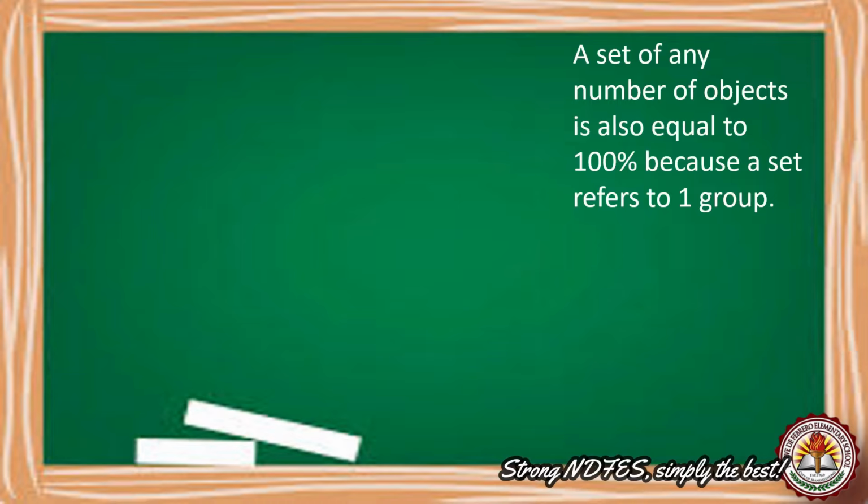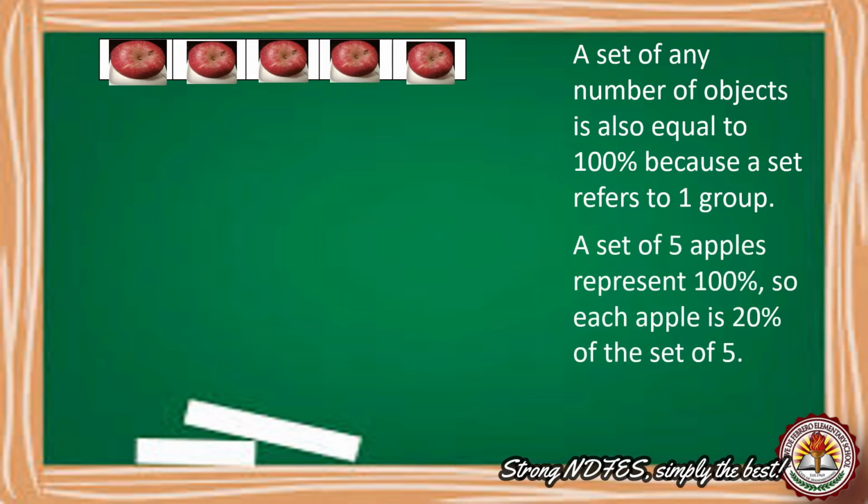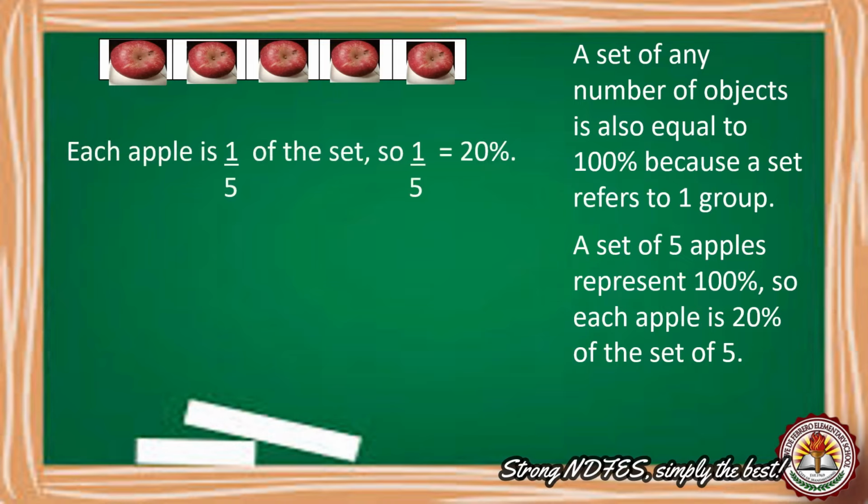A set of any number of objects is also equal to 100% because a set refers to one group. A set of 5 apples represents 100%. So, each apple is 20% of the set of 5. Each apple is 1/5 of the set.